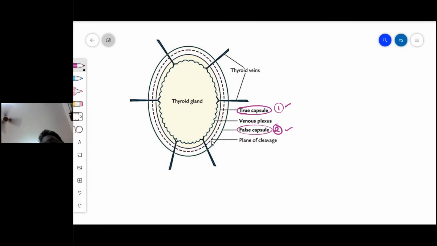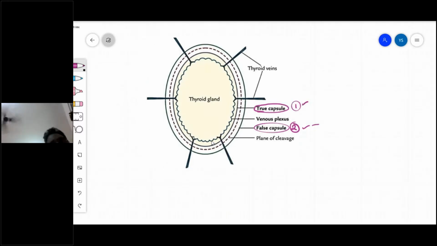Which deep fascia is present here in the neck? Usually deep cervical fascia. Now, which layer of the deep cervical fascia? Already I told you, this is present in front of the trachea. So you guess which layer is forming the false capsule here? Excellent. Pretracheal layer of deep cervical fascia. That forms the false capsule.